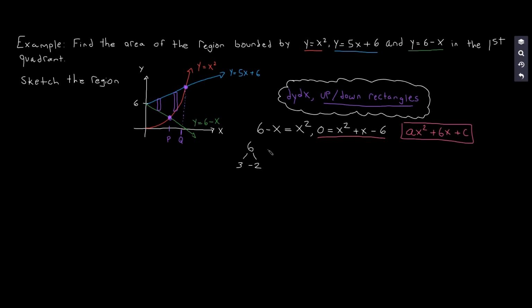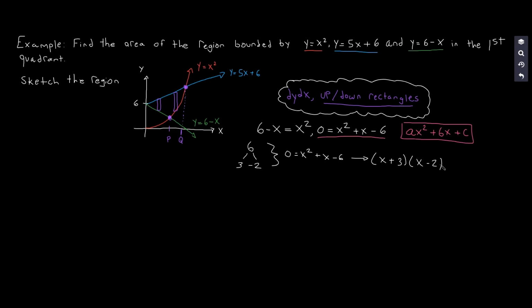This ends up getting factored. I'm taking this 0 equals x squared plus x minus 6, and if I factor that, I'm going to have x plus 3 and x minus 2. And that's the factorization of it. So that means that x equals -3 and that x equals 2.